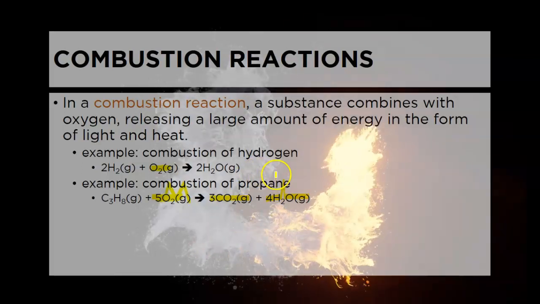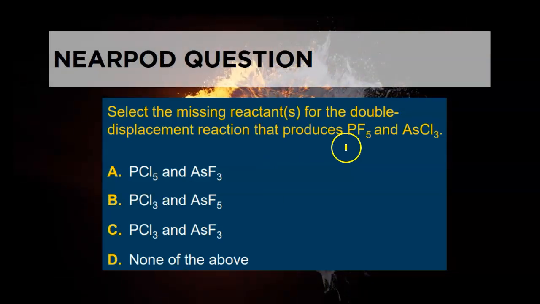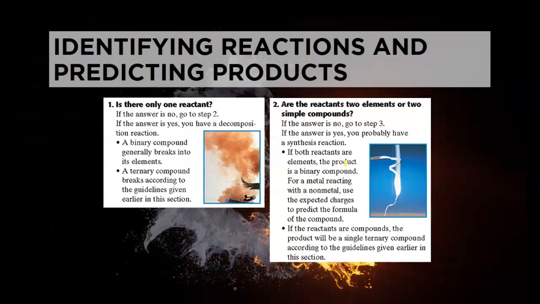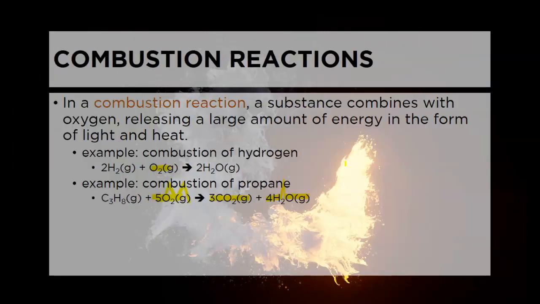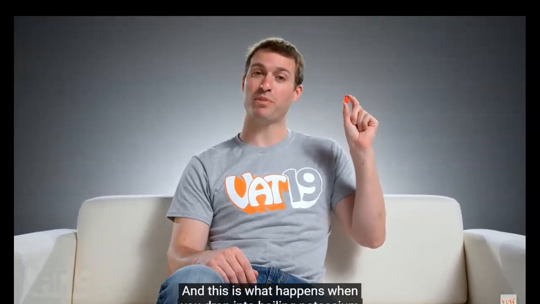We're actually going to combust a gummy bear. These ones are a little beyond what we're doing right now, so we're not going to look at those. But we are going to combust the gummy bear real quick. And this is what happens when you drop it into boiling potassium chlorate.